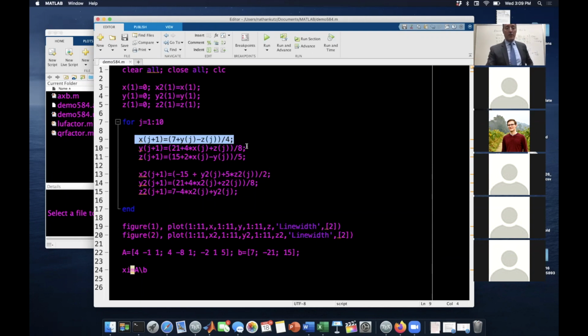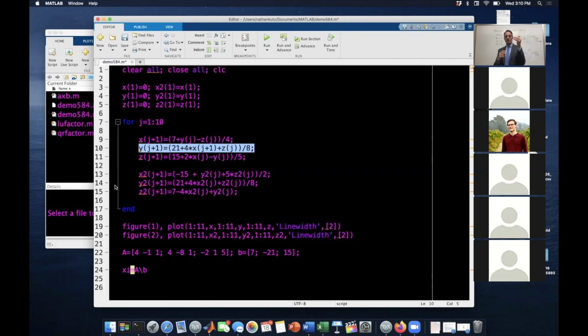My second line of the code, y of j+1, is equal to an expression with an x of j in there. But why would I use my old value of x of j when I have a new value, x of j+1? So right here, I can immediately use x of j+1. I'm using my update as soon as I get it.